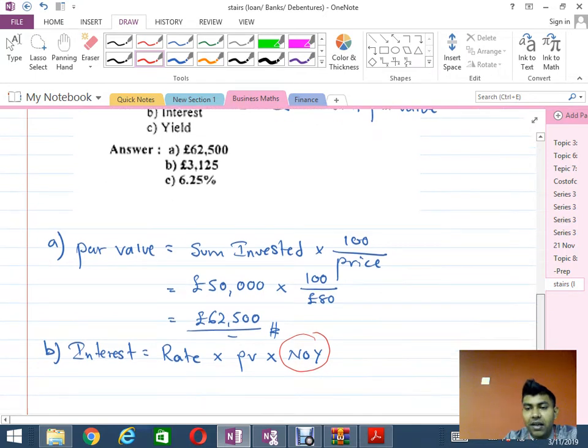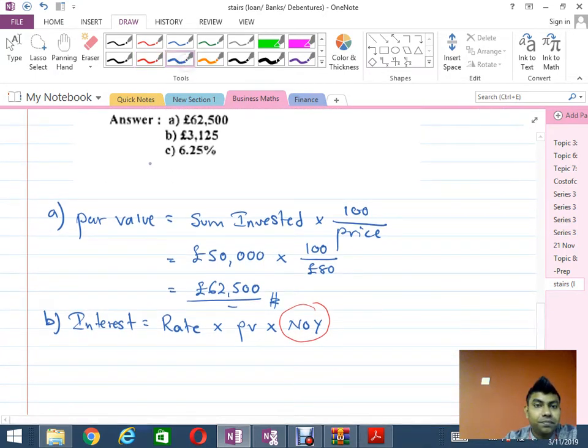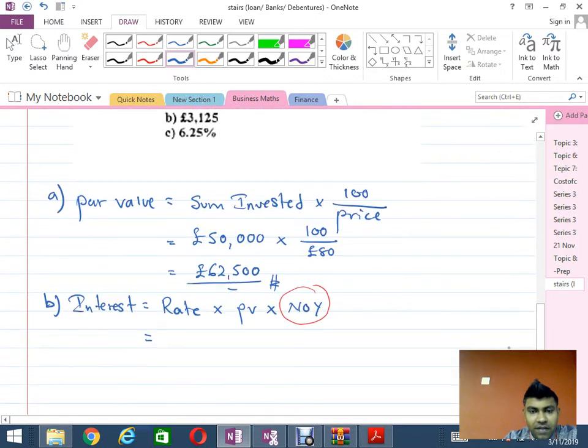So be careful when you write the formula in the exam. Rate is 5%. Par value is 62,500, times how many years? If they never tell you how many years, put 1 year there. So you should be able to get 3125.